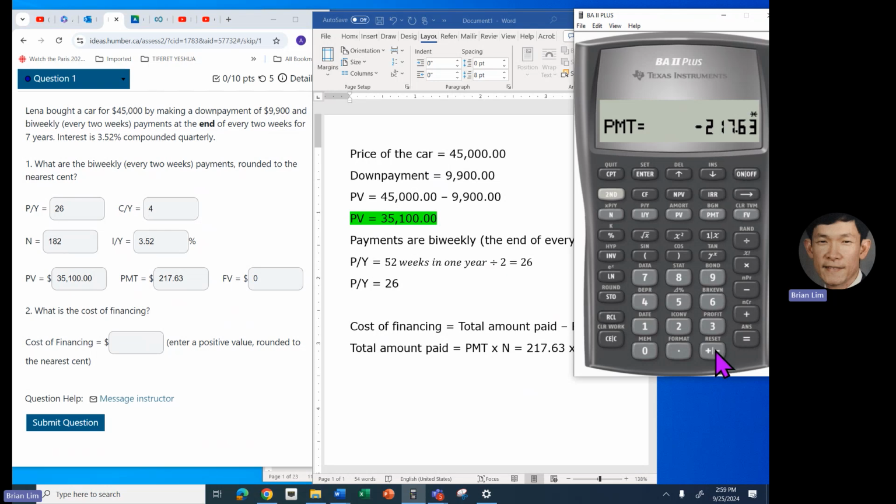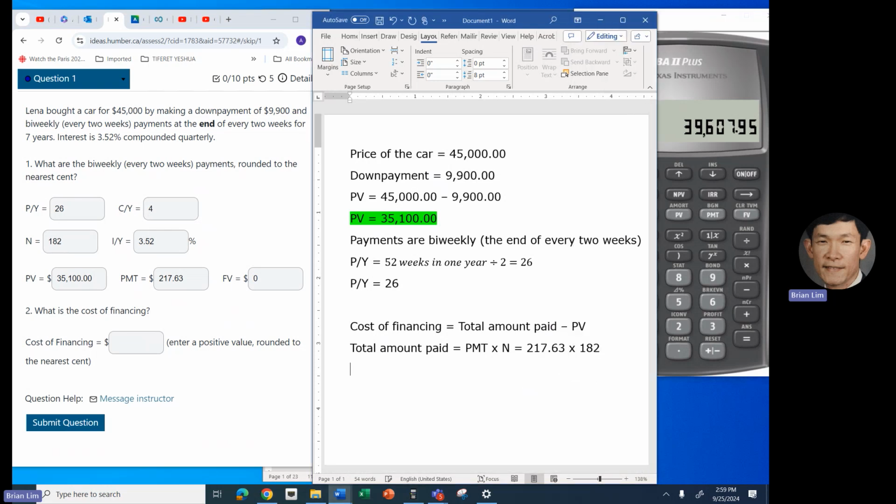If I make this positive by clicking plus minus, I have 217.63, and then I multiply by recalling N, which is 182. I get this grand total of 39,607.95. To avoid any mistakes, I can copy the answer and insert it right here. The total amount paid is 39,607.95.